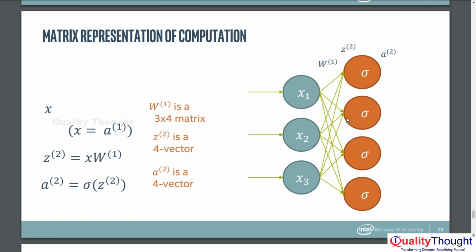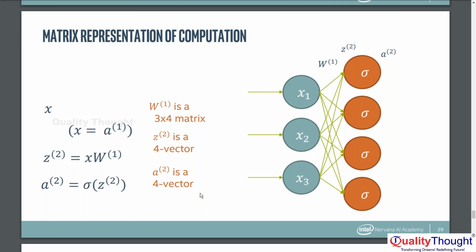Okay, so now let us see. W1 is a 3 by 4 matrix. Z of 2 is a 4 vector. A of 2 is a 4 vector.